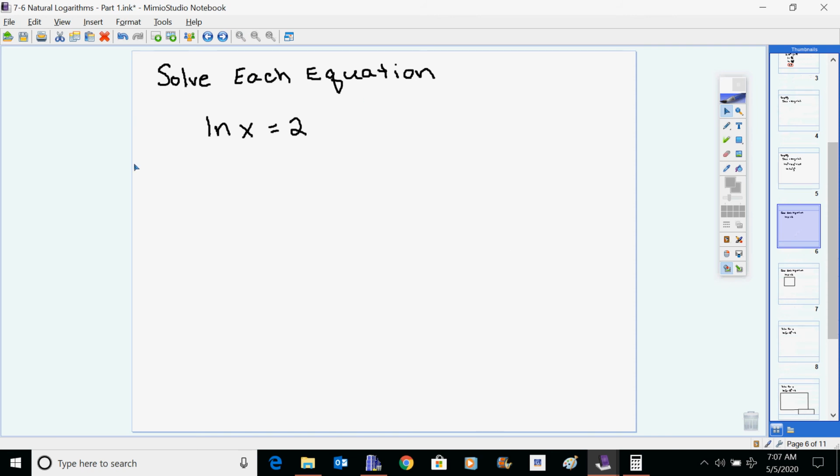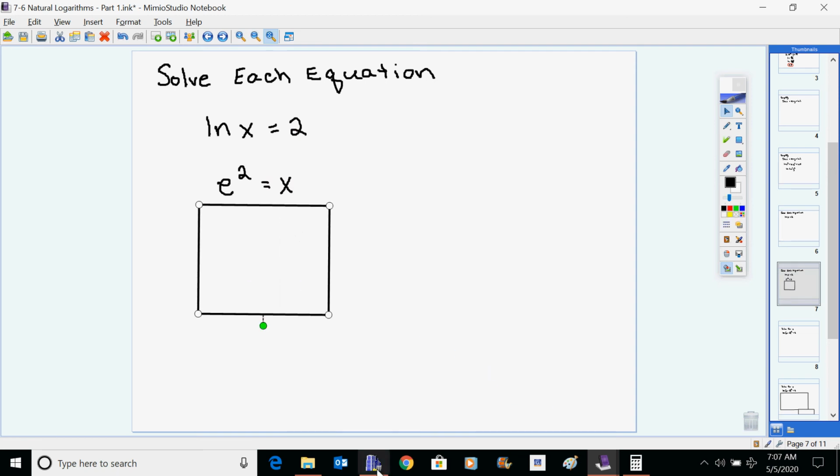Now, if you're supposed to solve an equation, that means you're trying to get x alone. Remember that all the same rules apply, so this is really log base e, and in order to rewrite it, we write the base to the power equals whatever is here. So this is really e to the second power equals x.